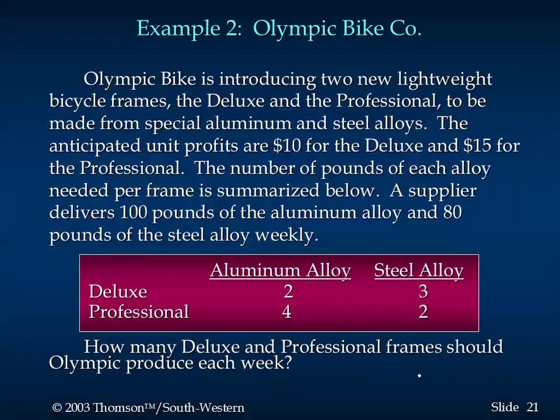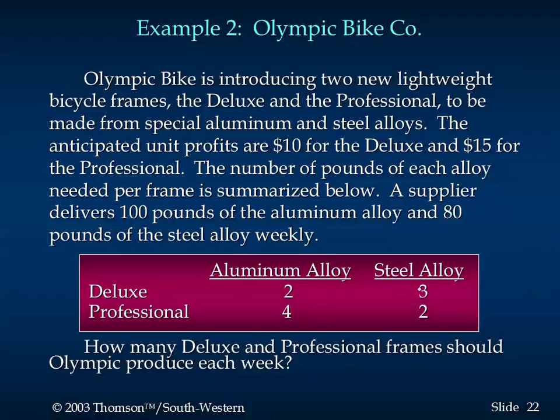All right. Okay, so let's try a different problem and let's see how that works. Olympic Bike is introducing 2 new lightweight bicycle frames, deluxe and professional, to be made from special aluminum and steel alloys. The anticipated unit profits are $10 for deluxe, 15 for professional. The number of pounds of each alloy per frame is summarized as below.